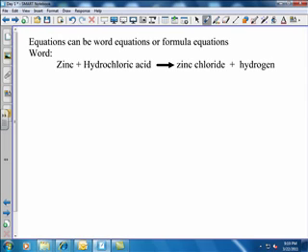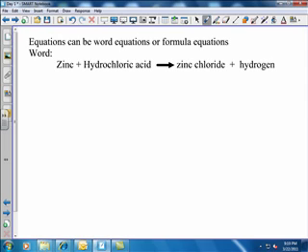Now, equations can be one of 2 types. They can be word equations or they can be formula equations. In the first couple days here, you will practice both of them. So this is an example of a word equation, and we can then directly change that to a formula equation by just substituting in the element symbols.